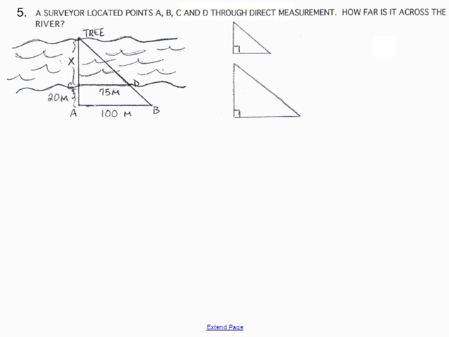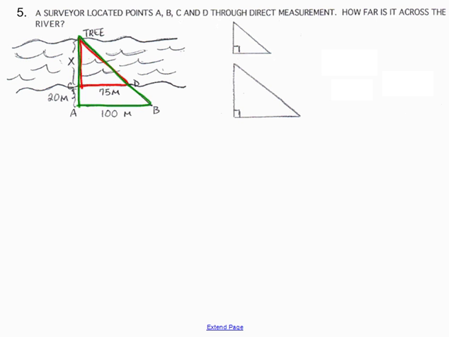Okay, here's another common one that you'll see: we've got to figure out how far it is across that river. I don't want to go out there with a tape measure in the river because, you know, it's like getting wet. So we're going to make two similar triangles and then figure out how far it is across the river. So we have the two triangles drawn to the right. We've got the small one and then the large one.